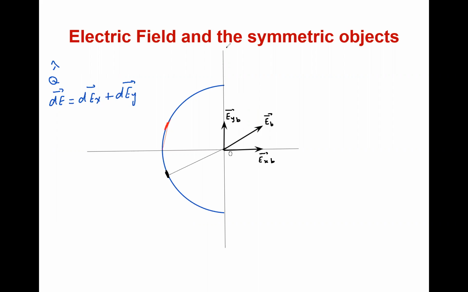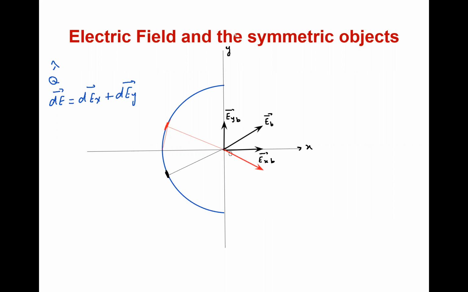This is the y-axis and this is the x-axis. And for the red, we can do the same. Here we have a positive charge, so E must be in this direction.